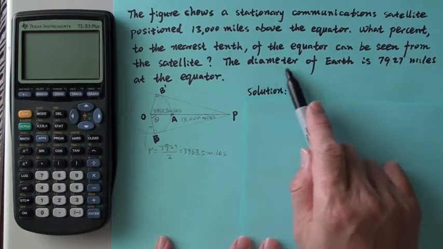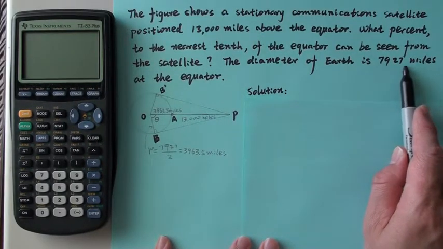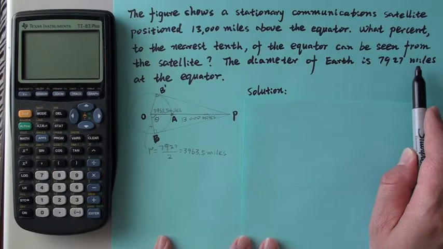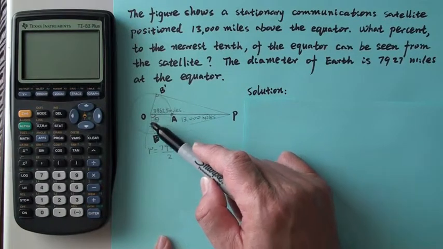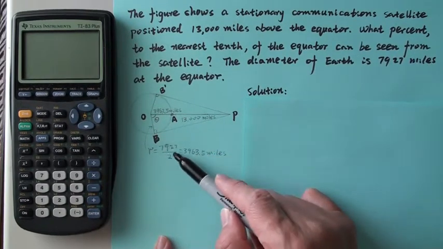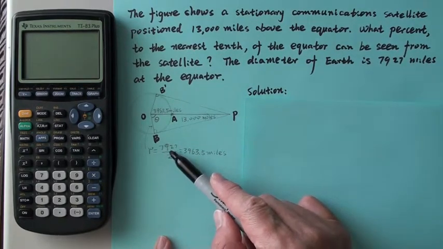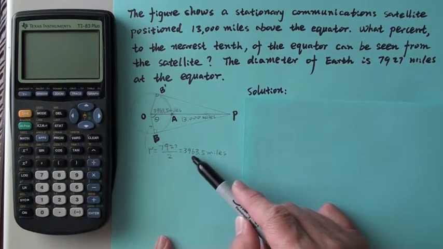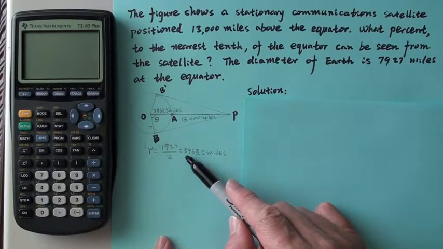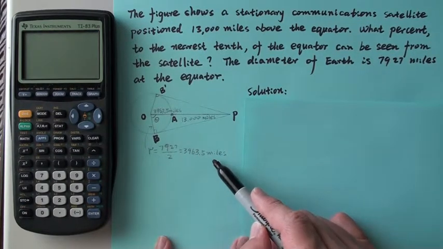And here we are given the diameter of the Earth is 7,927 miles. Then we immediately know that from the center O to B, the radius is half of the diameter. 7,927 miles divided by 2 is 3,963.5 miles.